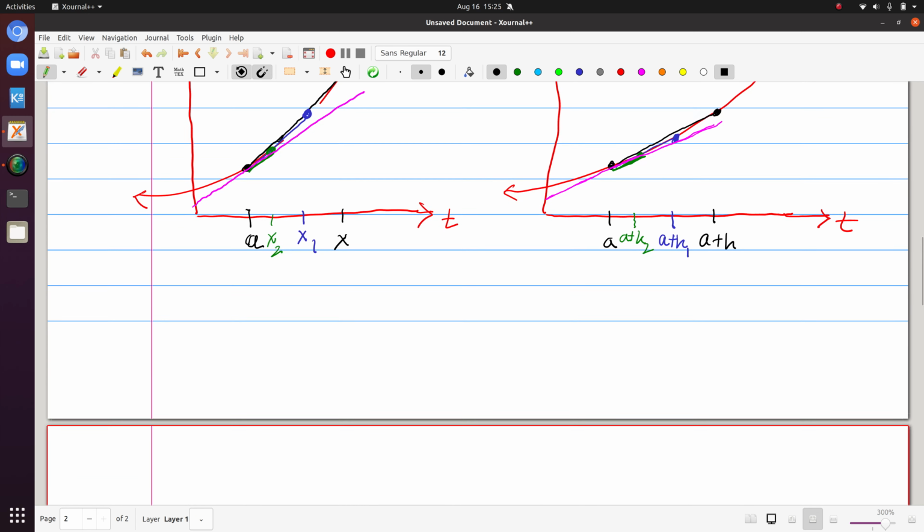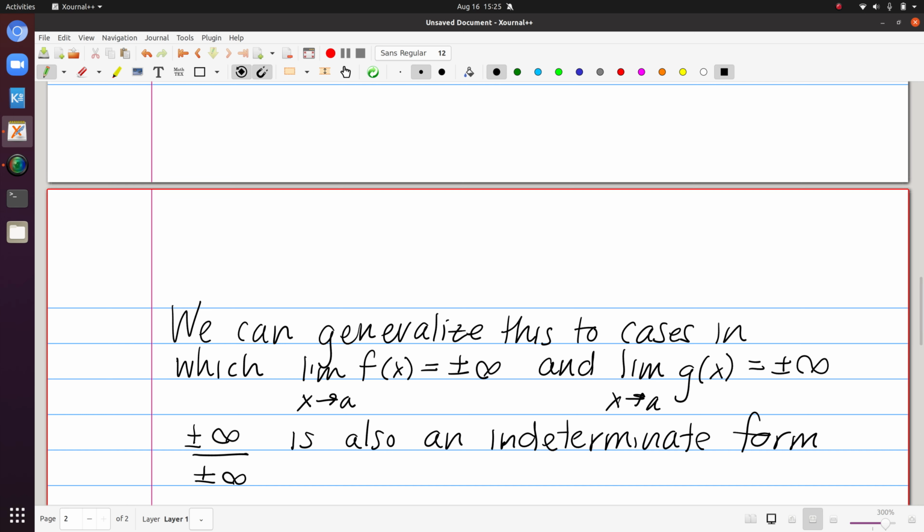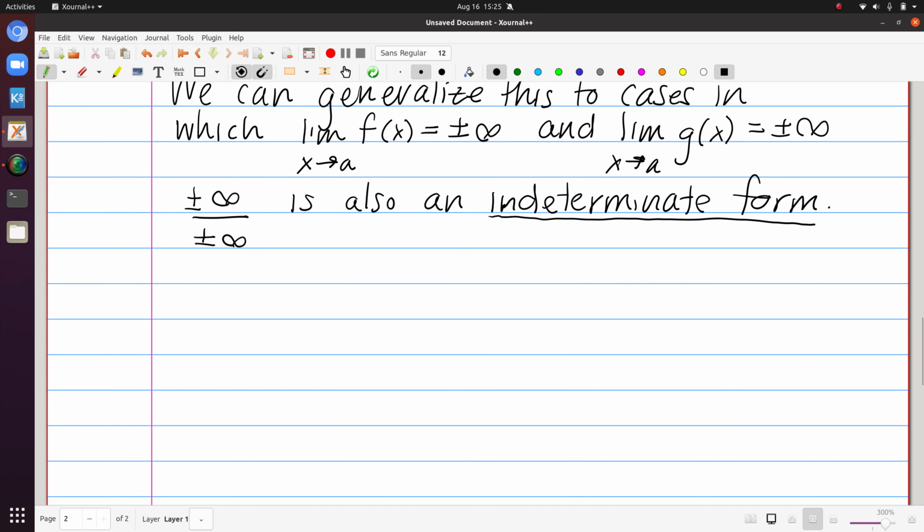Importantly, plus or minus infinity divided by plus or minus infinity is also an indeterminate form. So we've seen 0 over 0, but also plus or minus infinity over plus or minus infinity. We've got these two indeterminate forms. And what I'd like to finish with here is the statement of L'Hopital's rule.